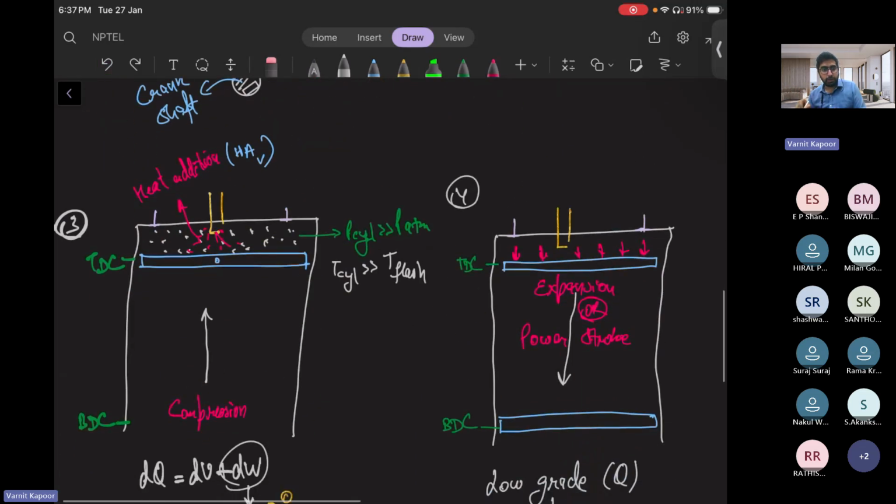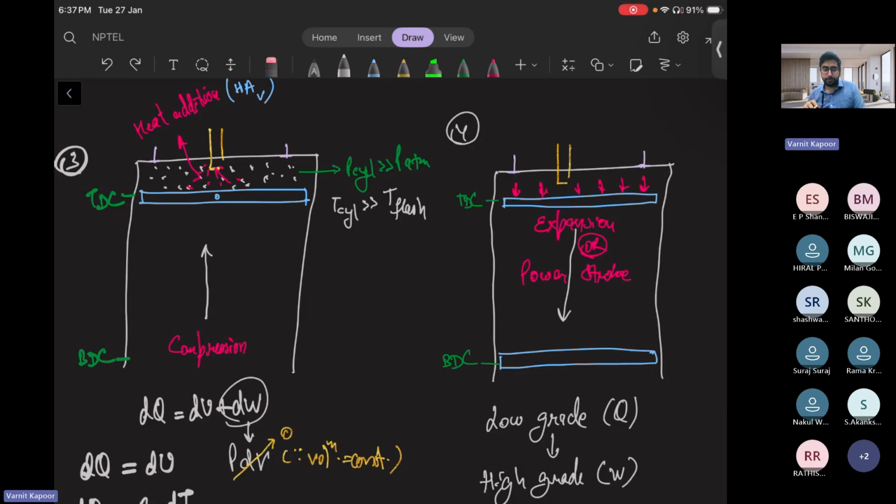Then compression started because of the inertia of the system. The piston moved up and the compression increased the cylinder pressure, but not enough. So I provided heat addition at constant volume through a spark plug. The air fuel mixture burnt, and the piston moved from top dead center to bottom dead center with very high energy. That's why it is called the expansion or power stroke.